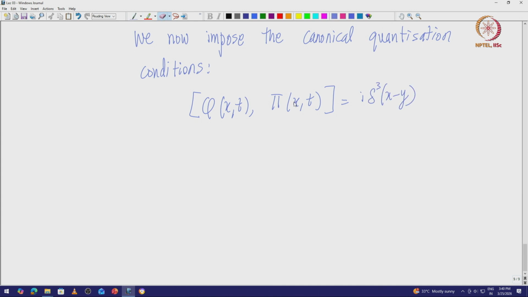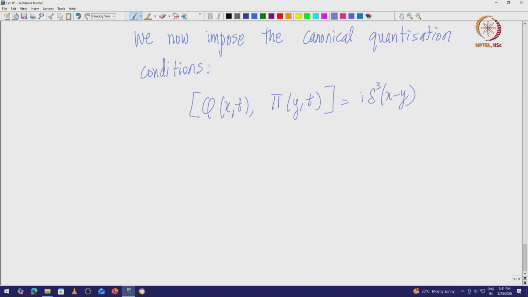Now, here I made a big step, because it is a relativistic theory, I made a big assumption without even discussing or detailing it to you. I assumed both phi and the conjugate momentum are to be at the same time t, satisfying this commutation relation. This commutation relation should be satisfied at the same time.